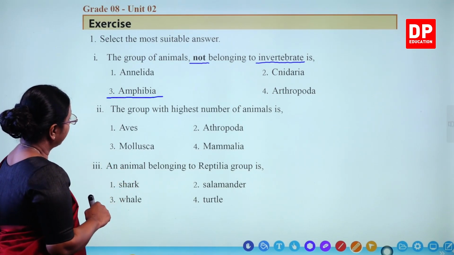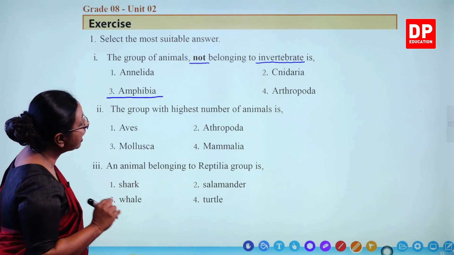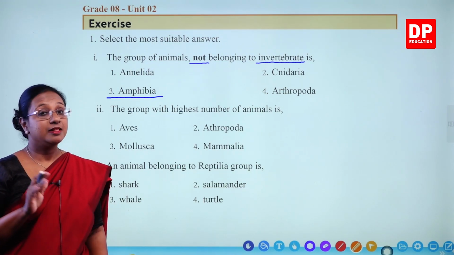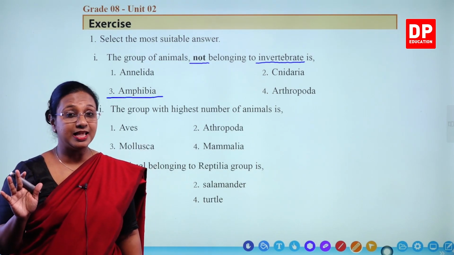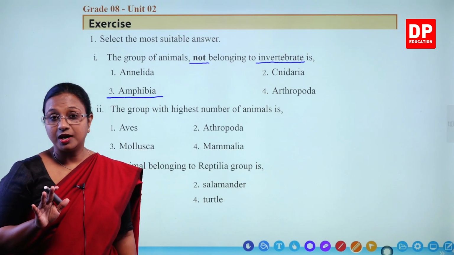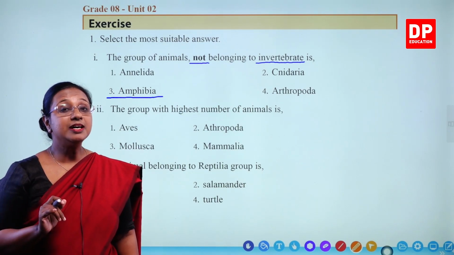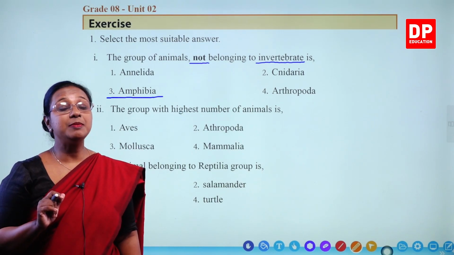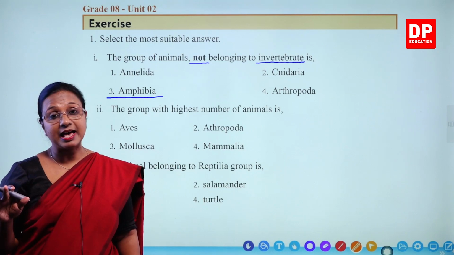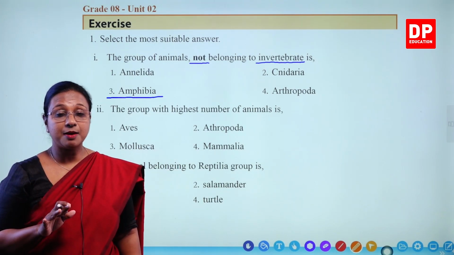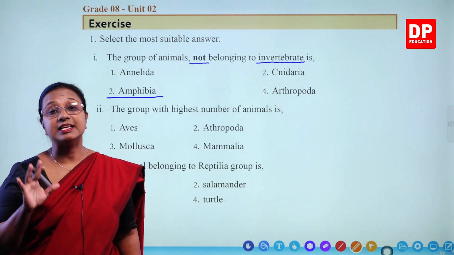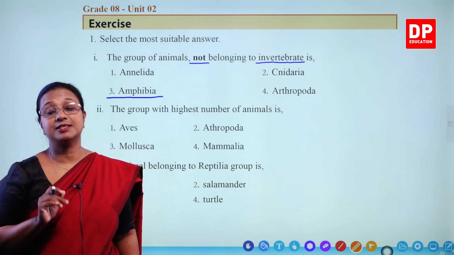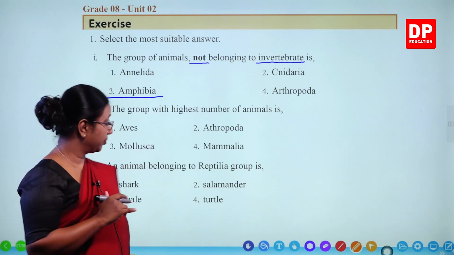Then the second one, the group with highest number of animals. That you know, group with highest number of animals. What is that? It is Arthropoda. And also under vertebrates we said mammals have a very high number of organisms. But the group that has the highest number of organisms is the Arthropoda.